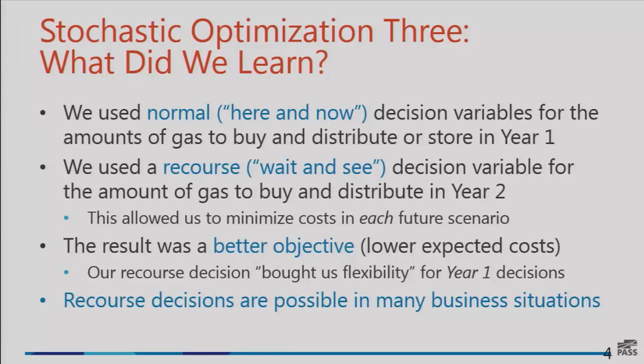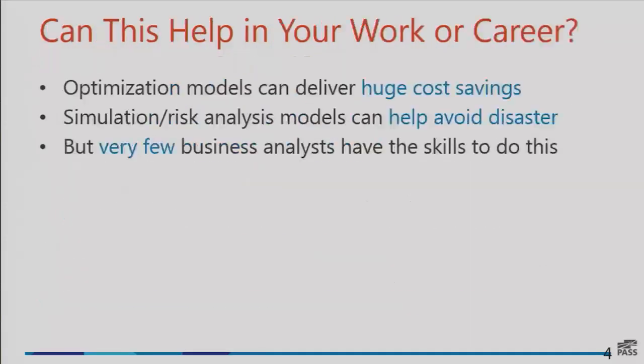Okay, you guys are now way ahead of most of the people, actually most people even doing optimization modeling at all, because most people don't get this far with stochastic optimization. They pretty much do conventional optimization. So, can this help you in your working career? I hope you're convinced already, but I will just point this out.